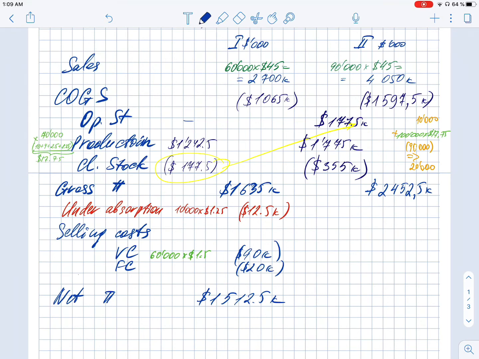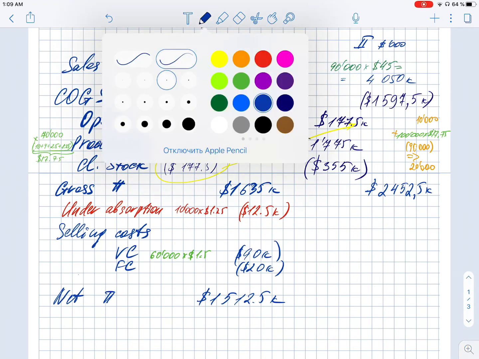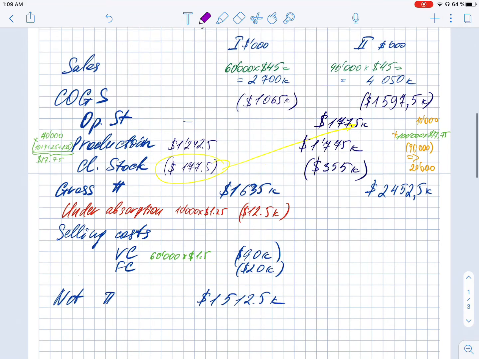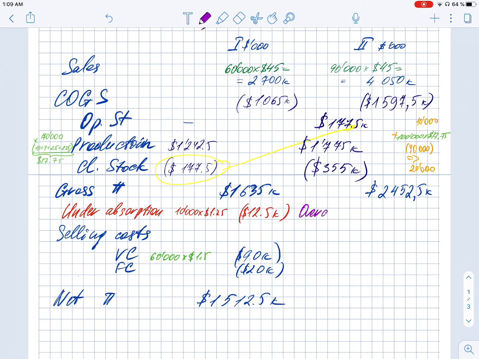Since in the second quarter the company produces 10,000 units more, the company will have over absorption of fixed overhead in its profit and loss statement, because each excessively produced unit brings a small portion of fixed overheads, 1.25, but actually the actual amount of overheads which should be spent is only 80.